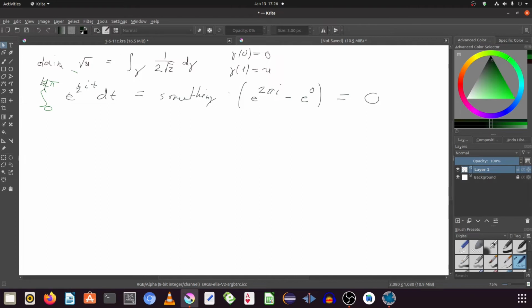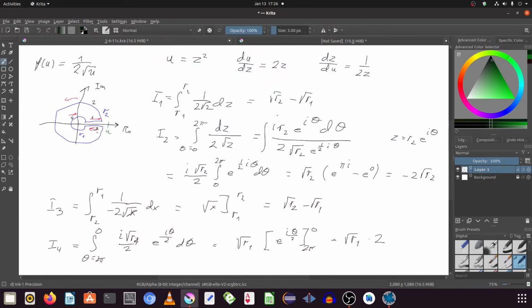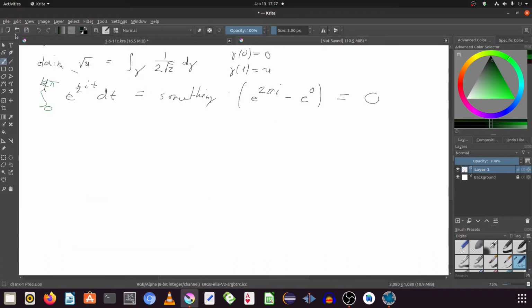So the point is that going around 1 time subtracts 2 square root u, the next time adds it. So that way we end up with a 2-valued function. This path integral can only give the 2 values it should.